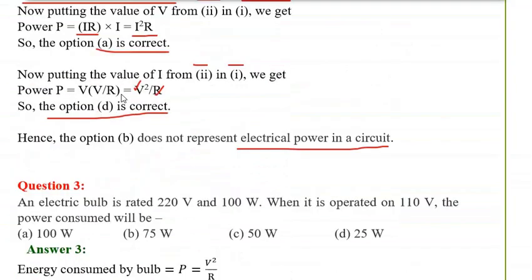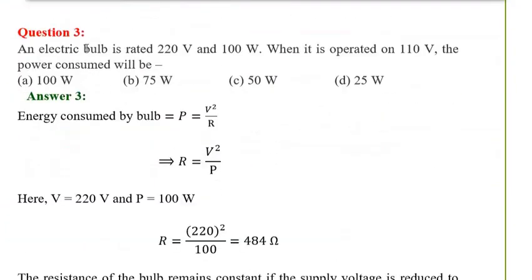Let's see the question number 3. This is the question number 3. An electric bulb is rated 220 volt and 100 watt. When it is operated on 110 volt, the power consumed will be option A 100 watt, option B 75 watt, option C 50 watt, option D 25 watt.